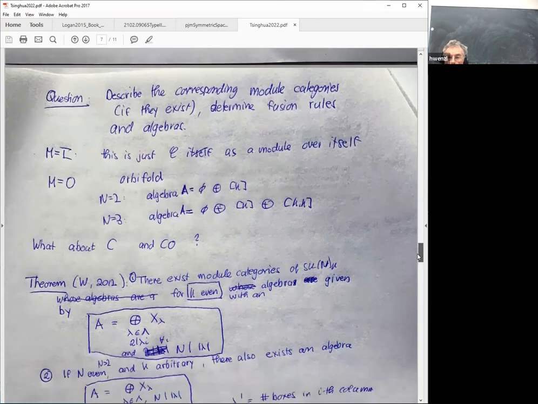Of course, if M is a trivial modular invariant, this is easy, because then this is just the category itself, viewed as a module over itself. So this is no big deal. What about if M is O? I used O for something called orbifold.